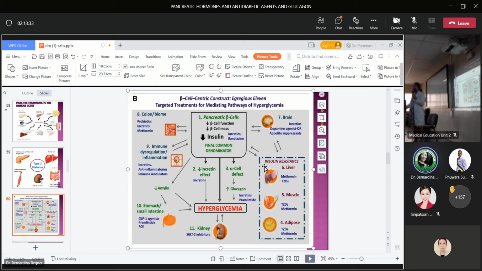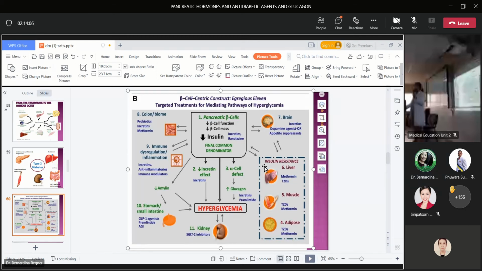Are you following? You have to differentiate between sensitizers and secretagogues. What do you mean by secretagogues? Those drugs that increase insulin secretion. How about sensitizers? Those that decrease insulin resistance.